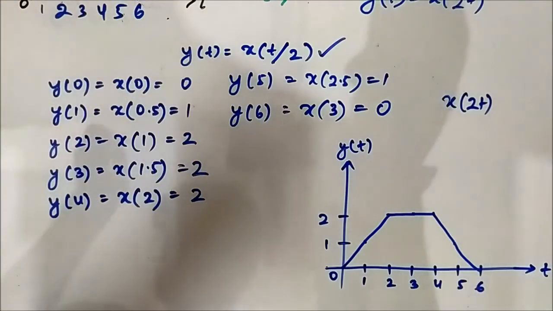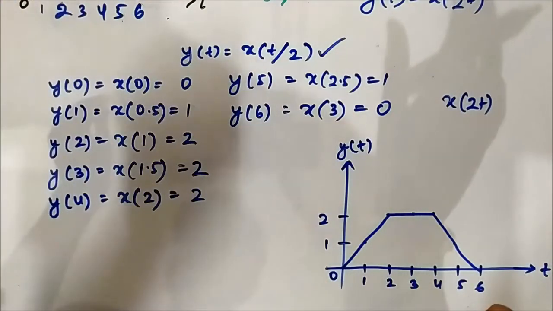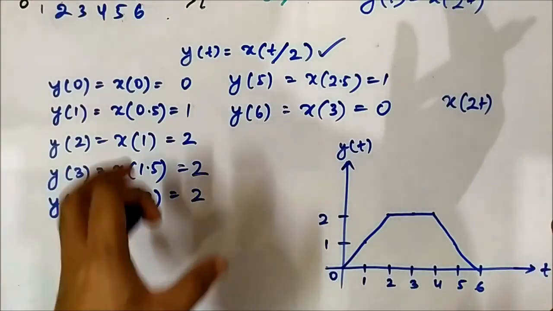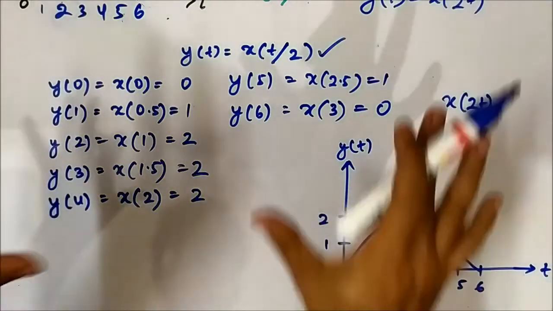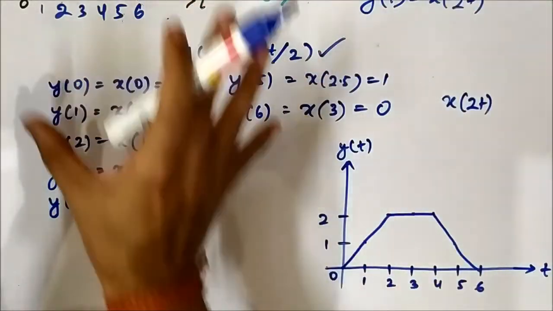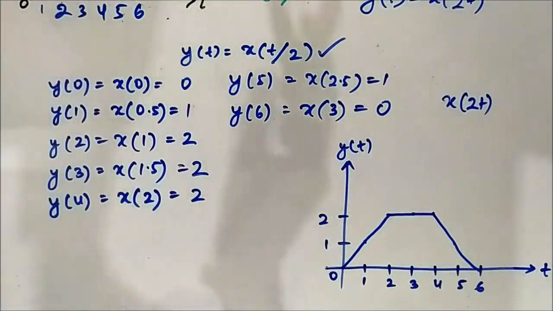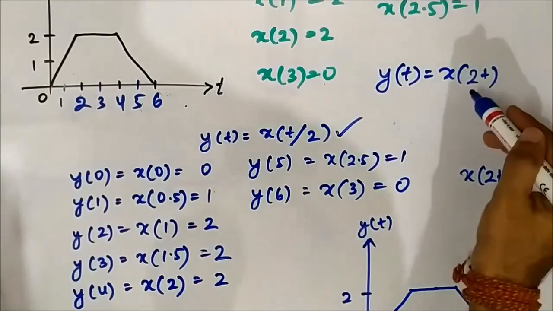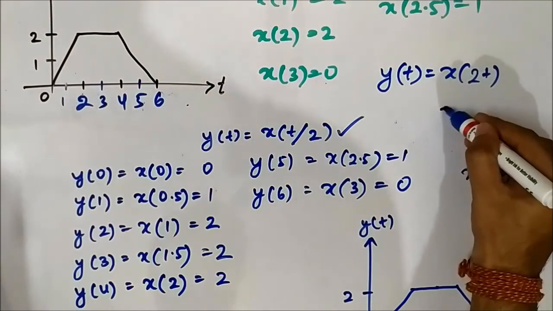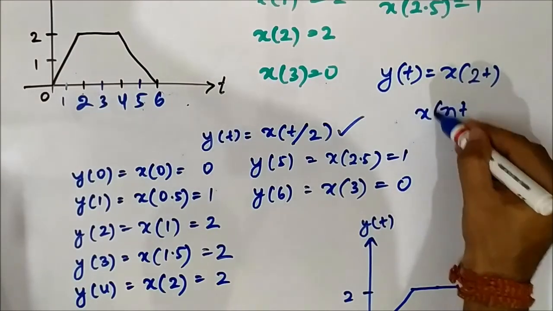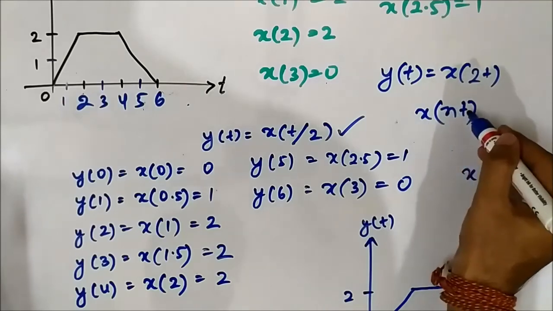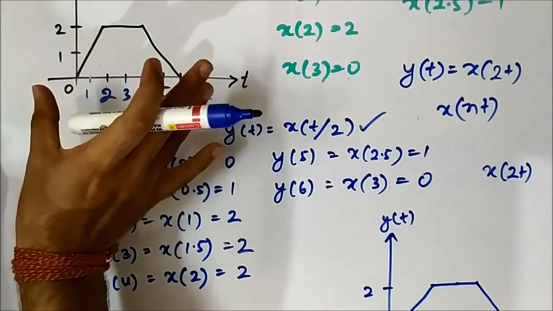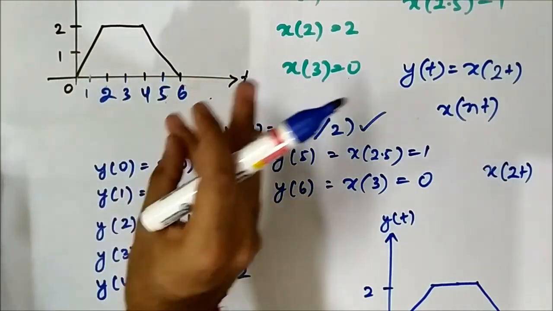If you are getting started with this, I would recommend that for the first several weeks you go with this approach. When you are comfortable with it and understand the whole concept, how things are working out, then you go for the shortcut method. When n is multiplied with t in time scaling, x nt, the points of the original reference signal will be divided by n.